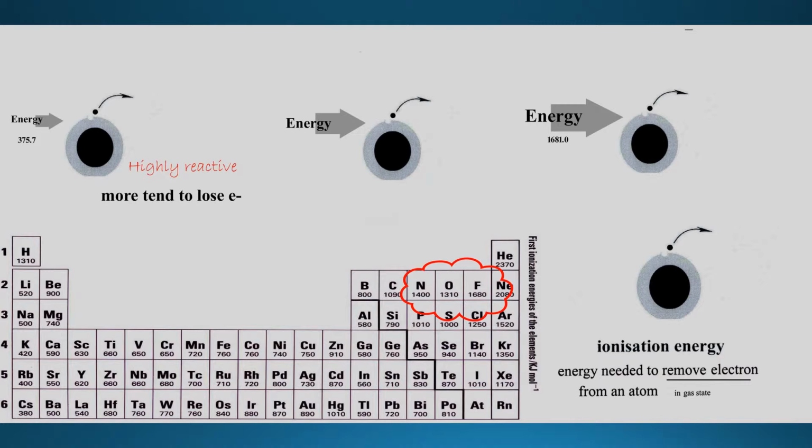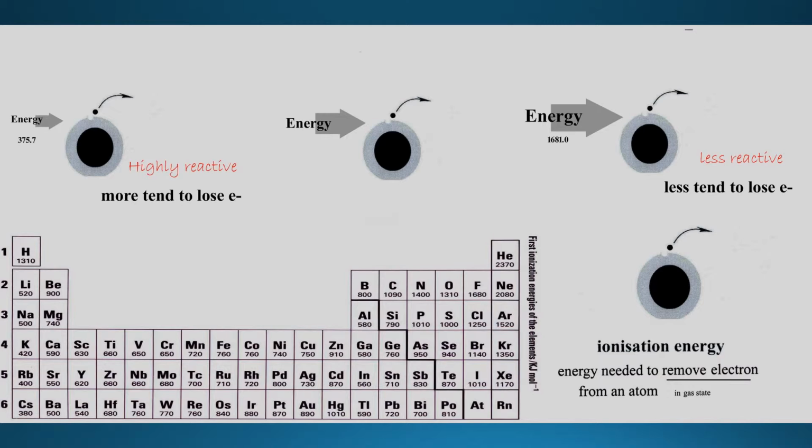If you put a few thousand degrees onto this atom, they will give the electron out. Repeat, if you put a few thousand kilojoules of energy, they will give out the electron. So in other words, they don't give out electrons easily. They only weakly want to lose the electron.